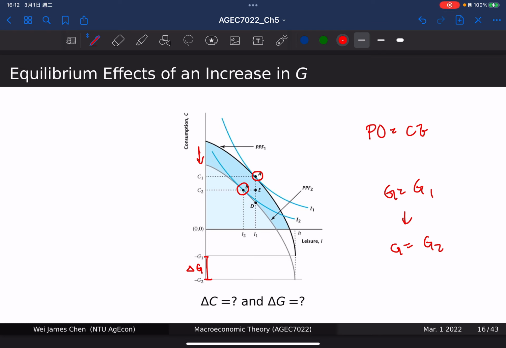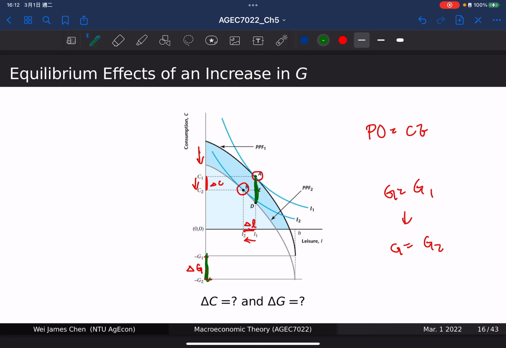And you can see, comparing A and B, leisure goes down, consumption goes down, right? This is delta C, this is delta leisure, delta L. And what is delta G? This is delta G. This is equal to this, right?